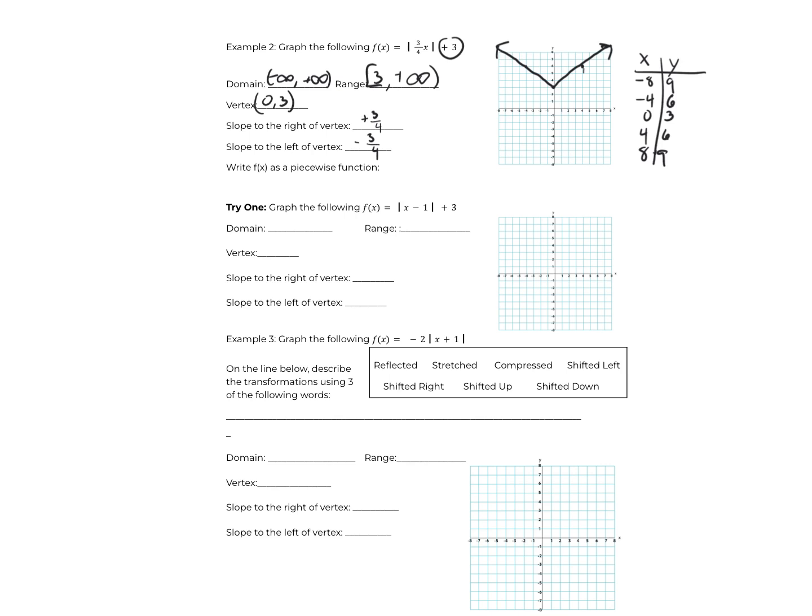So, to write f of x as a piecewise function, we would say that f of x is equal to, we need our little set sign, -3/4 x plus 3 for x less than or equal to 0.